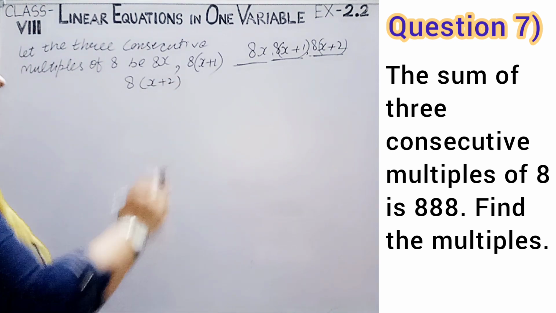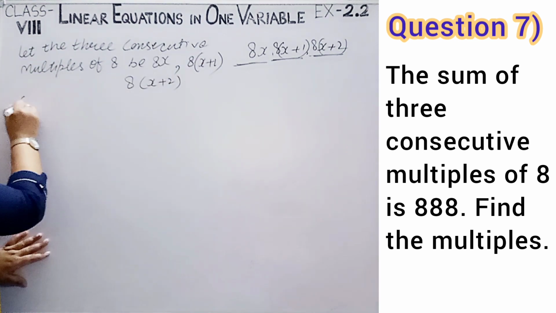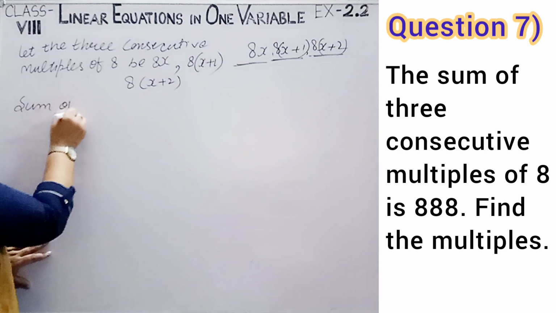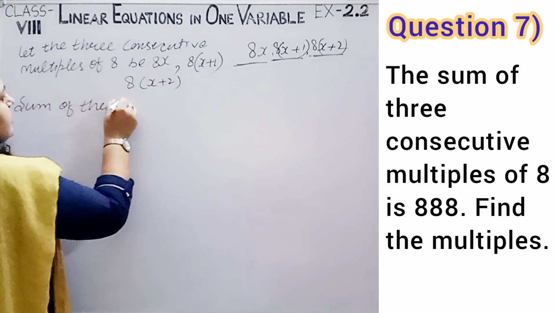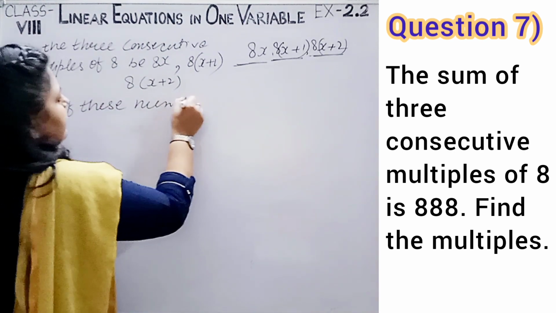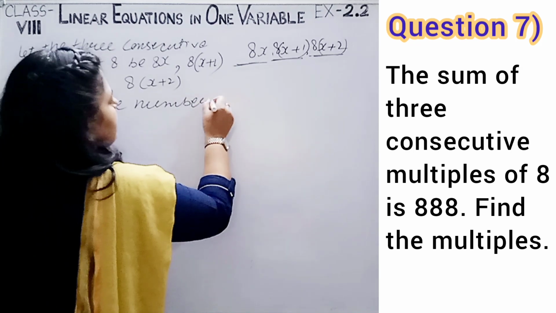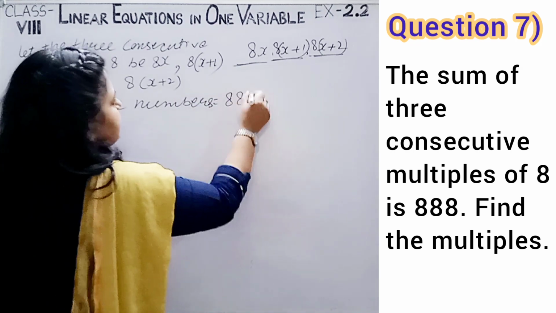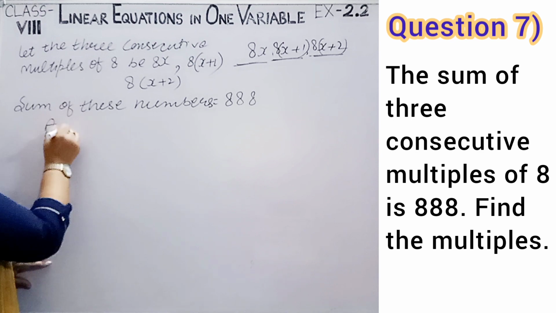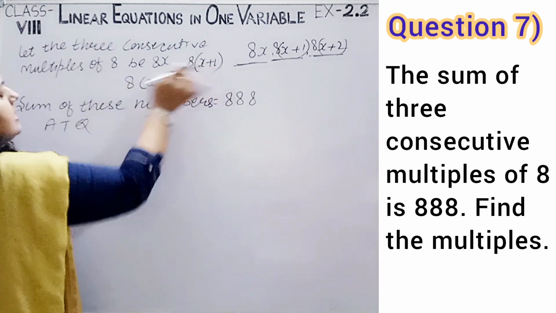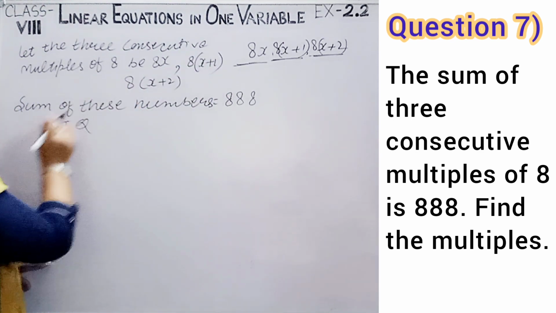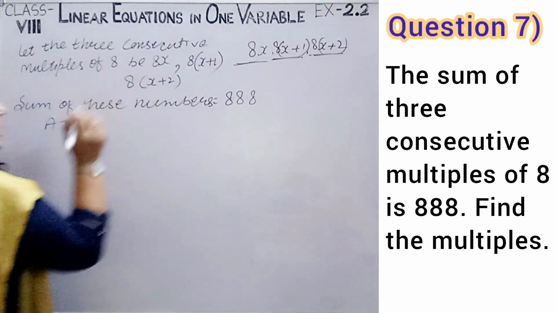Now the sum of these numbers, and what is the sum? It is 888. According to the question, we have to sum these three numbers and the result is 888.